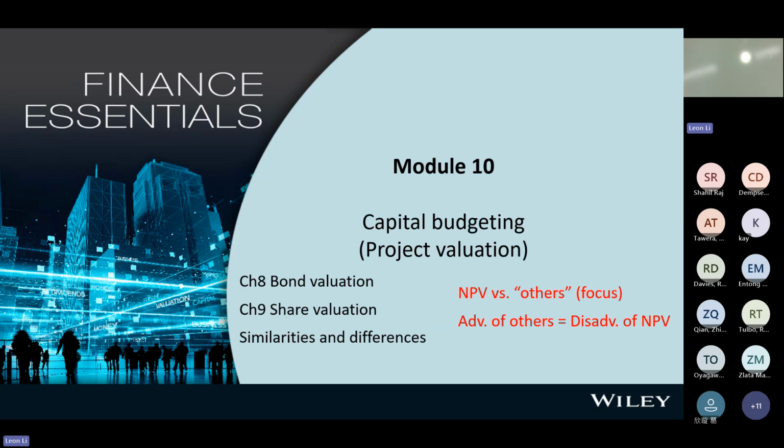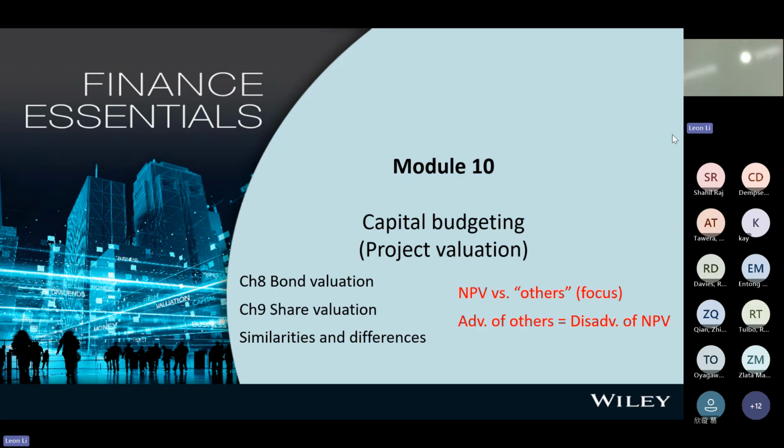Our focus will be on the other methods, because most students should be familiar with present value. That should not be a problem. I hope students understand that the advantages of the other methods are the disadvantages of NPV. For me, that's important. So we will focus on the other methods and discuss their advantages.